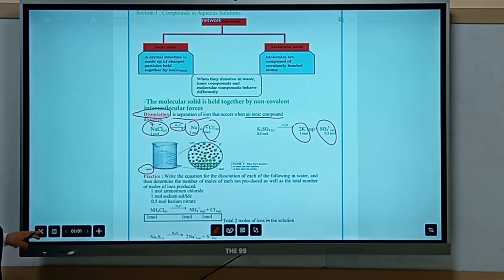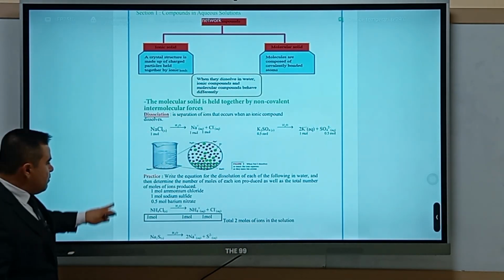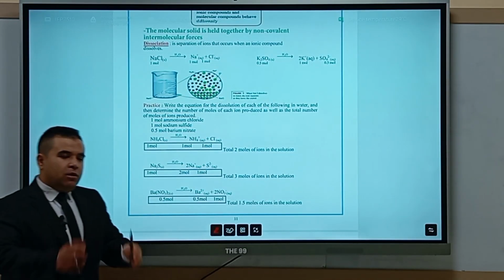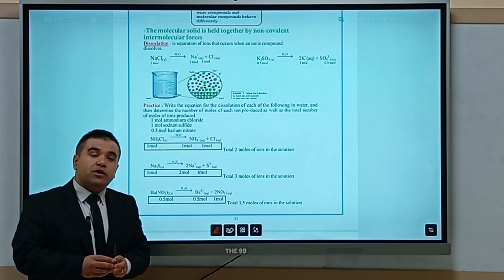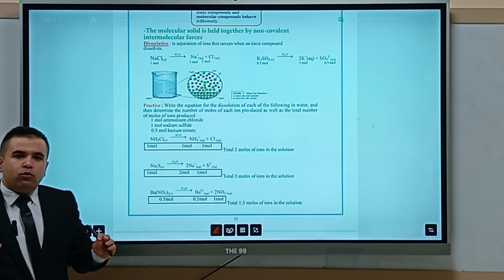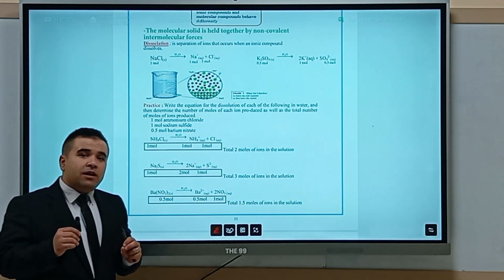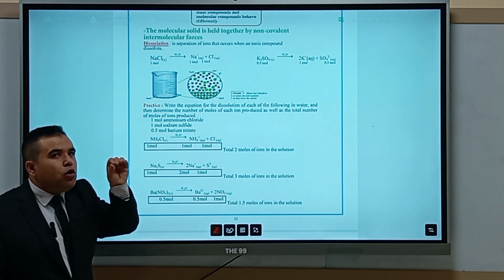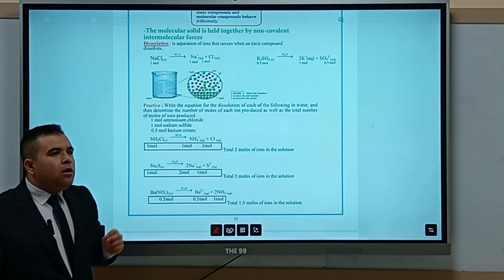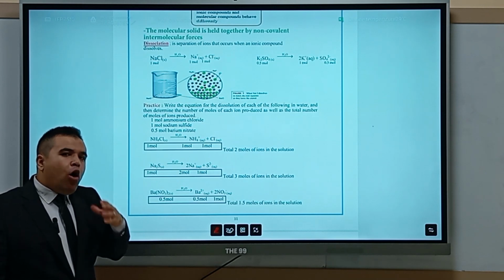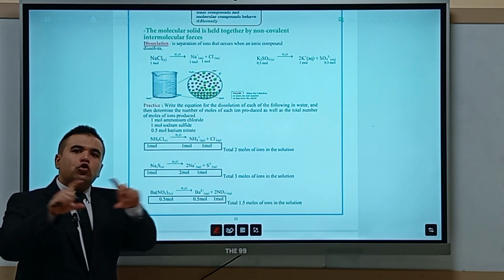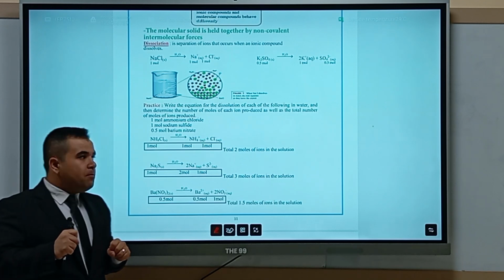Let us practice some examples, guys. There is a type of question that appears in the ministerial exam almost every year, asking by addition of an amount of a salt, how many moles of ions, of cation or anion, or total moles of ions will be formed.